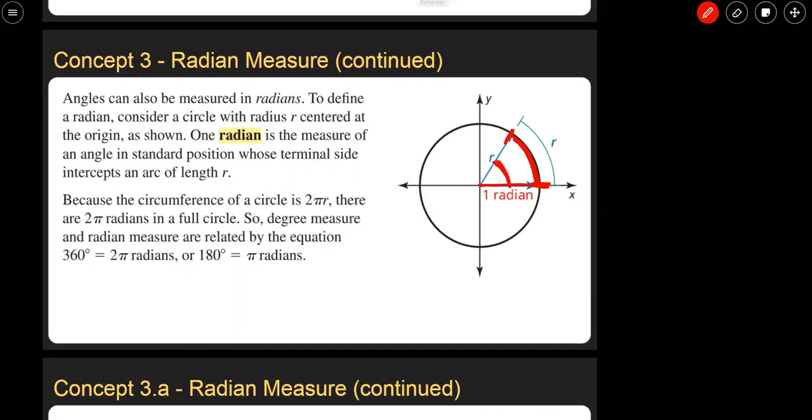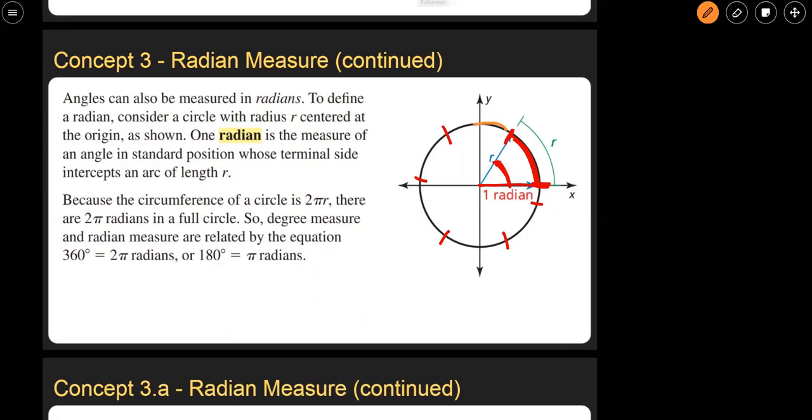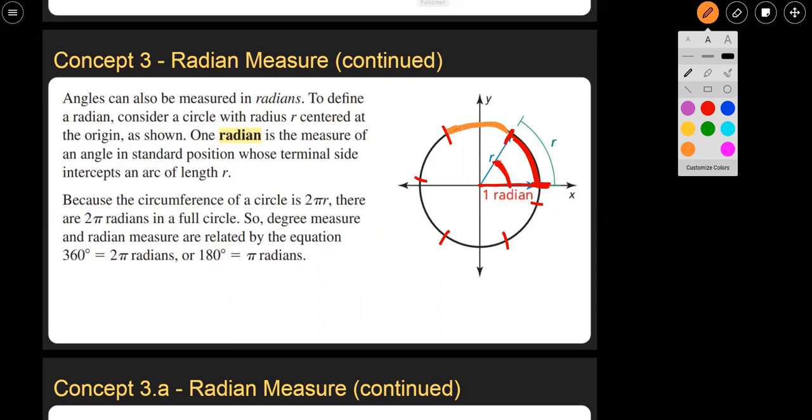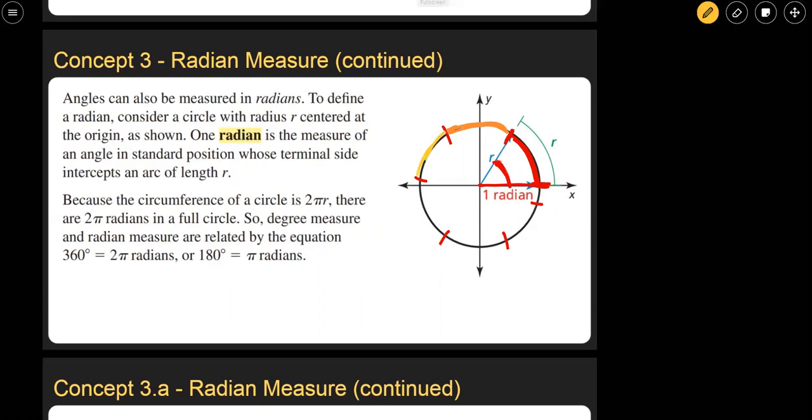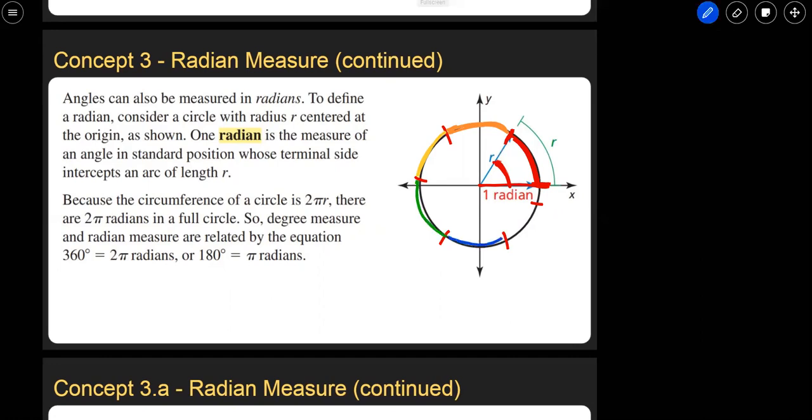And if we think about the circumference of a circle, there are going to be about 6.28, or in other words, 2 pi radian measures around a circle. I think I did a little rainbow diagram here. This orange one would also have a radius length. This one would also have a radius length. 4, 5, and 6.